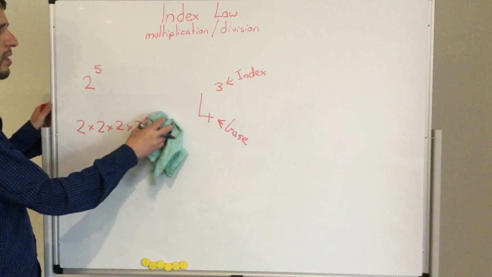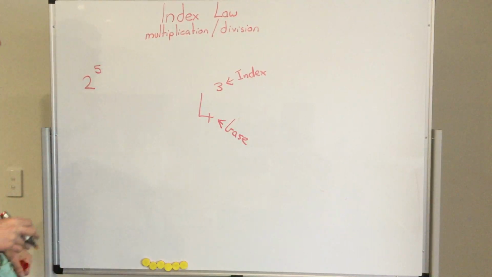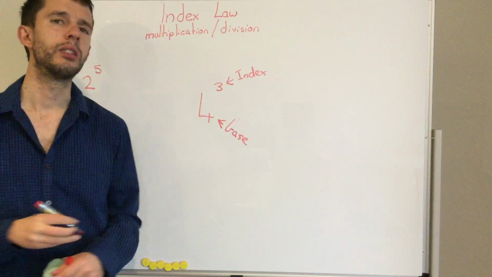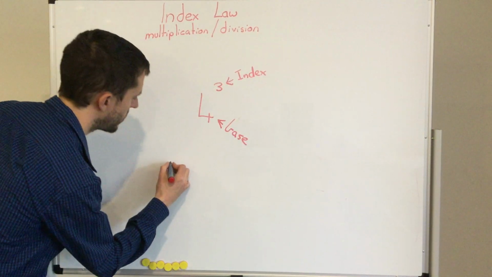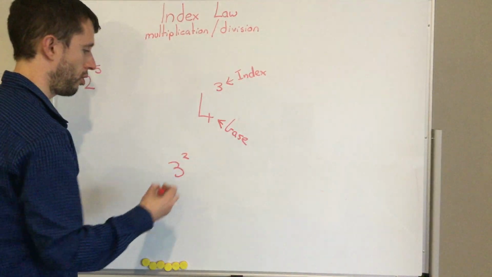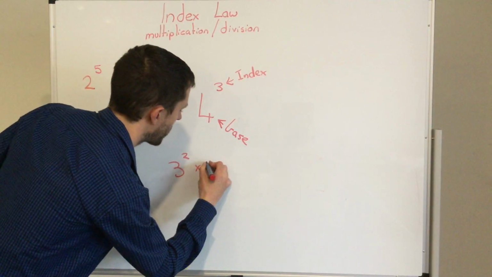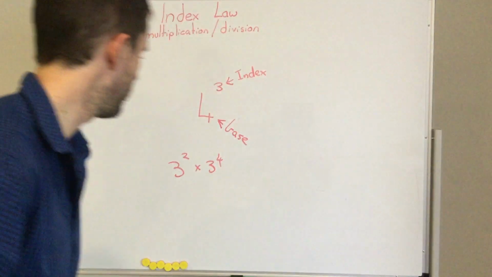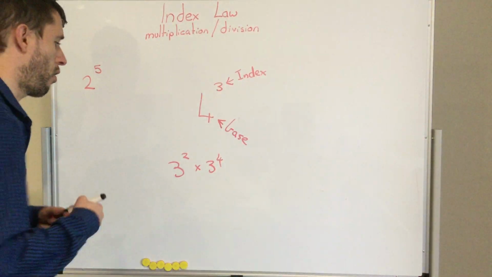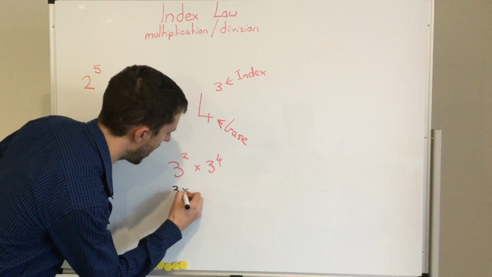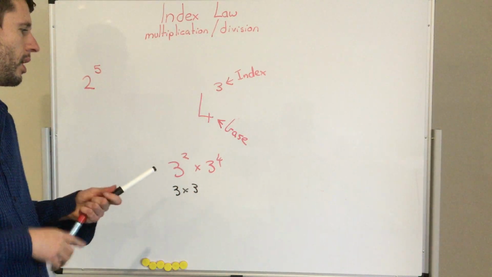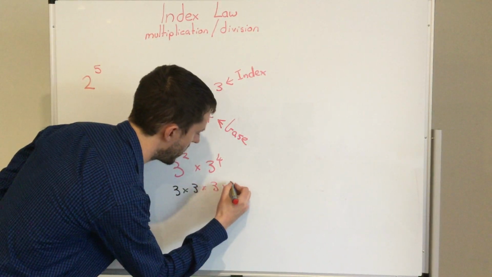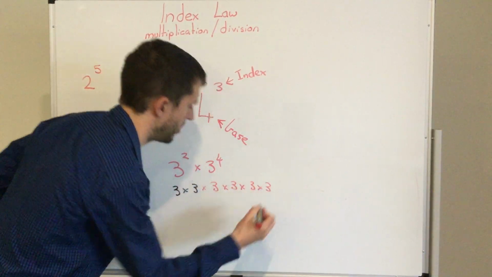So if we're thinking about index law and multiplication, we are able to join them together when the base is the same. So for example, if I've got 3 to the power of 2 times 3 to the power of 4, if I just expand, 3 to the power of 2 is 3 times 3. 3 to the power of 4 is 3 times 3 times 3 times 3.